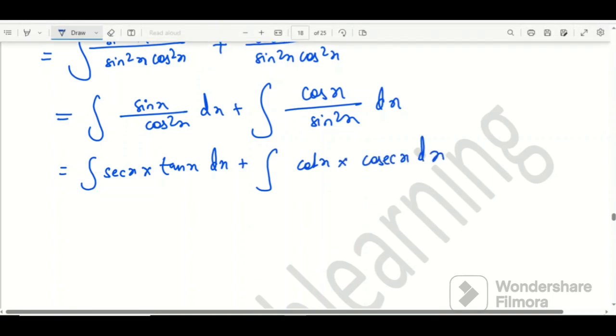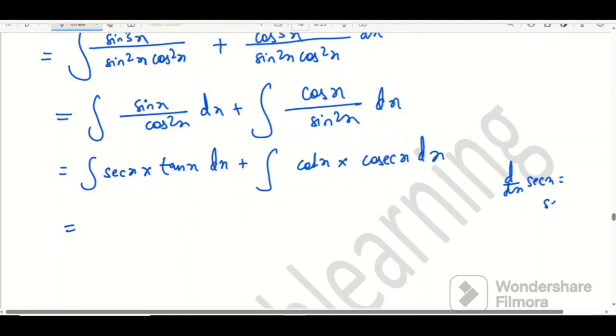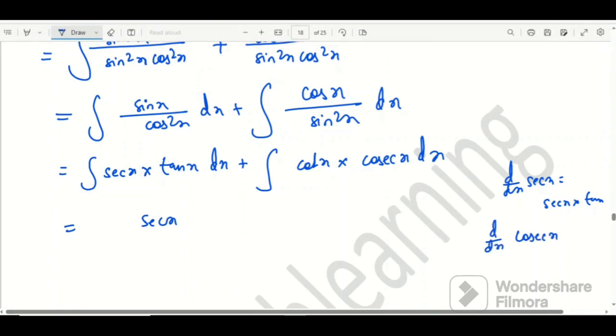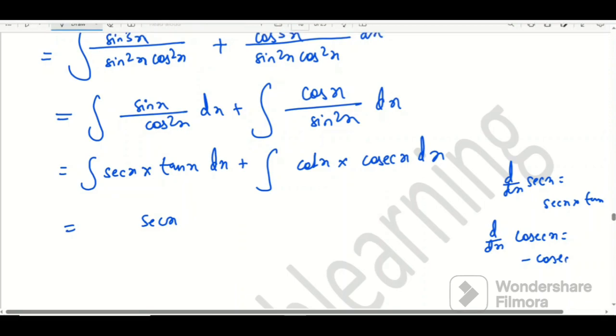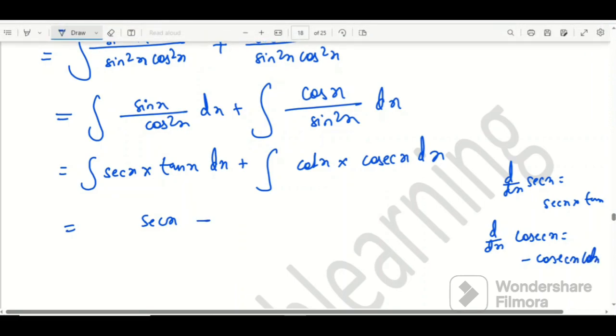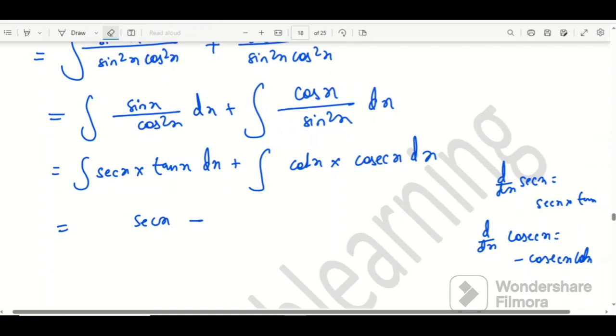So these two we can easily integrate because the differentiation of sec x is sec x into tan x, so sec x, and the differentiation of cosec x is minus cosec x into cot x. So here we can multiply by minus inside and outside also.